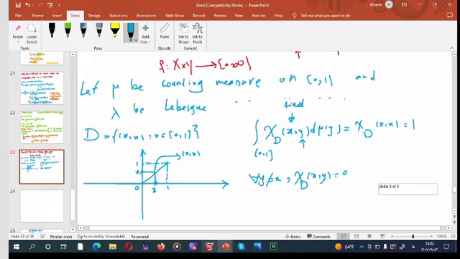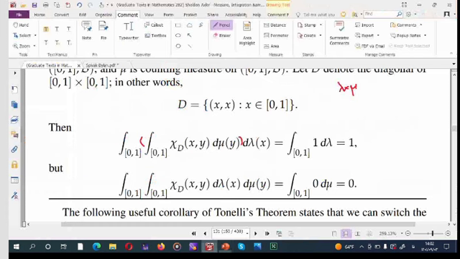And so we have this is equal to the integral of 1 d lambda, and this integral equals 1 by Lebesgue measure. This is Lebesgue measure and this is counting measure.